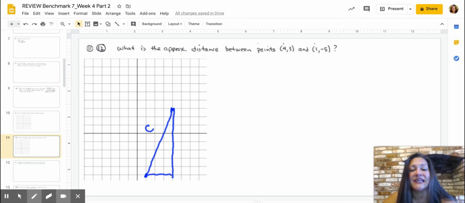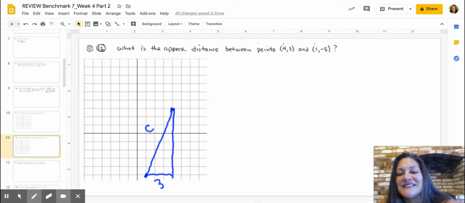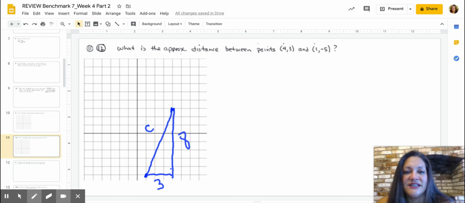So we're going to need to count between these to see how far we've gone. So we'll call this one here A. So we'll say that's a distance of 3. And then let's count up. 1, 2, 3, 4, 5, 6, 7, and 8. And of course, Pythagorean's, a squared plus b squared equals c squared.